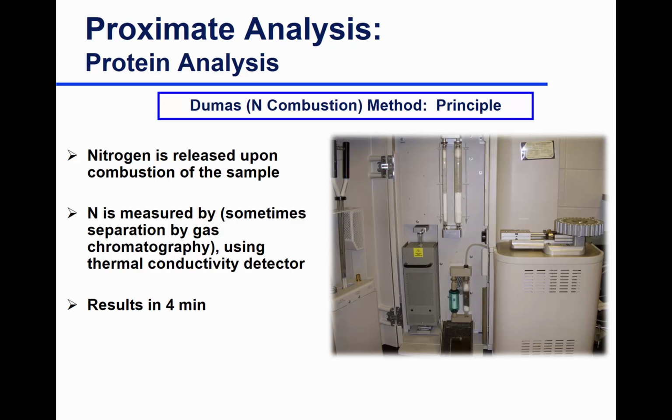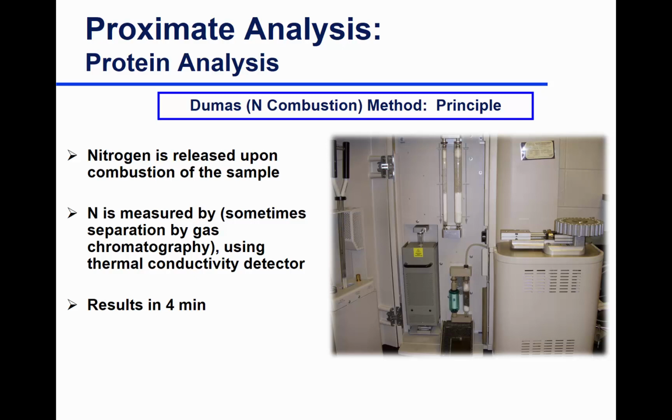And actually, before they get to the copper, CO2 and H2O get scrubbed off. They get collected here, and NOx makes it to the copper, and the copper reduces the NO2 or NO, whatever, into nitrogen gas, and the nitrogen gas gets taken by helium.